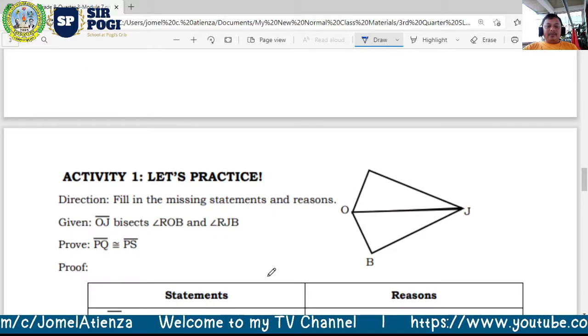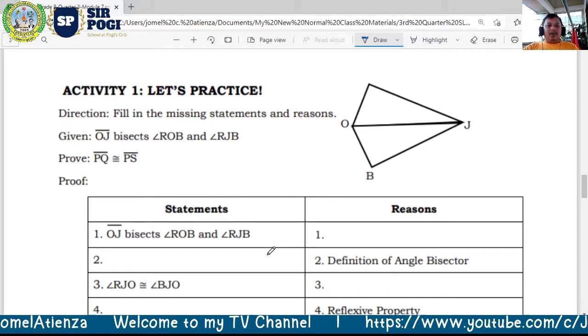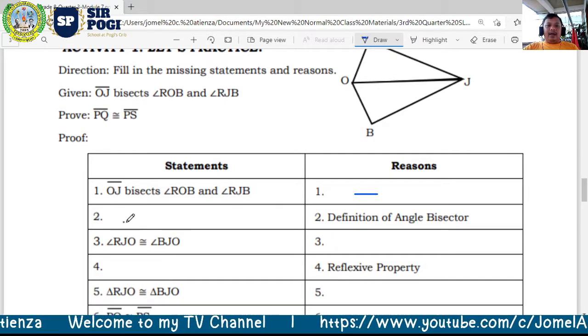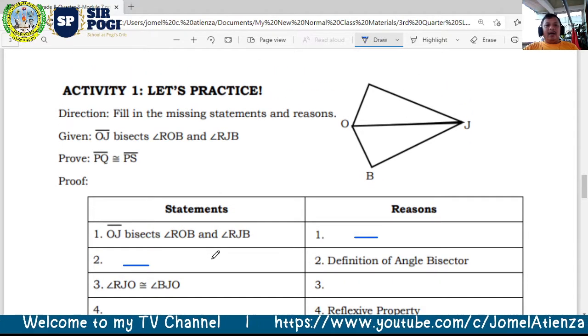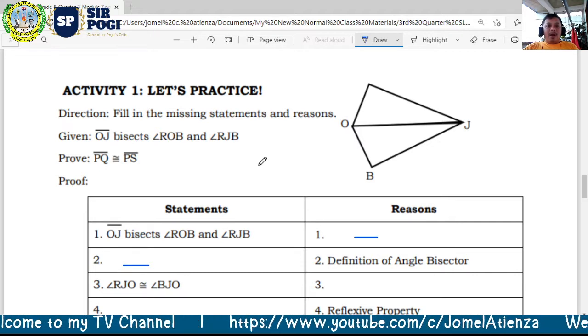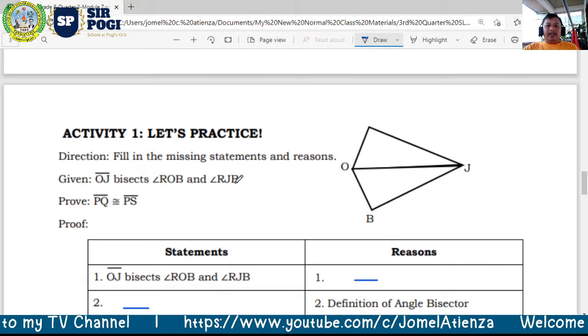Okay? So, for your activity number 1, you are going to supply the reasons or the blank statements in the given data. Okay, so given, OJ bisects angle ROB, so angle ROB and angle RJB.